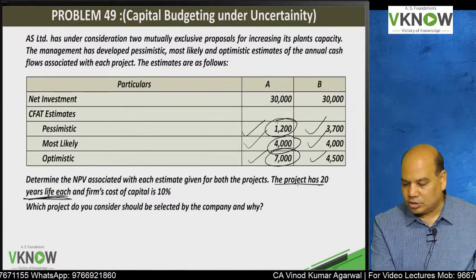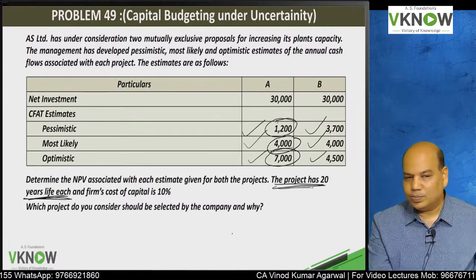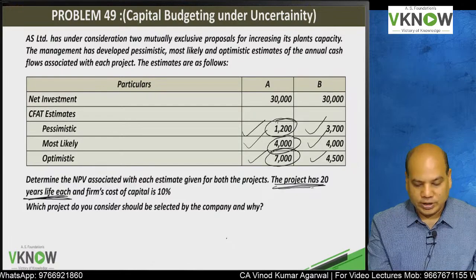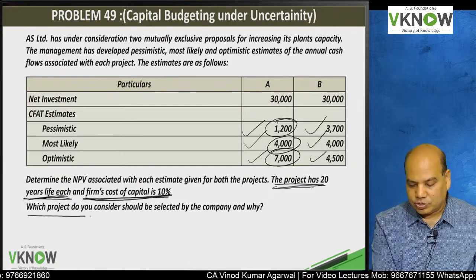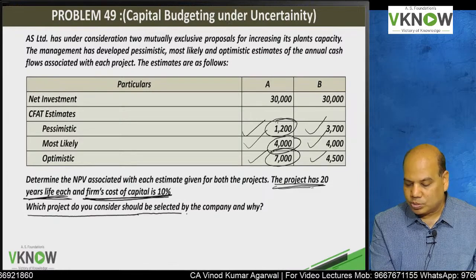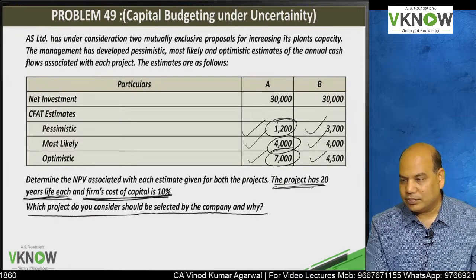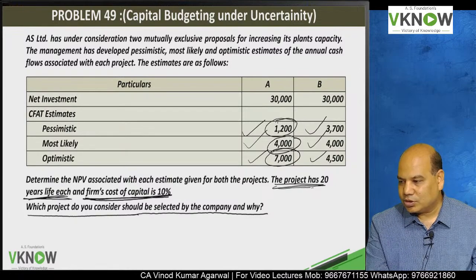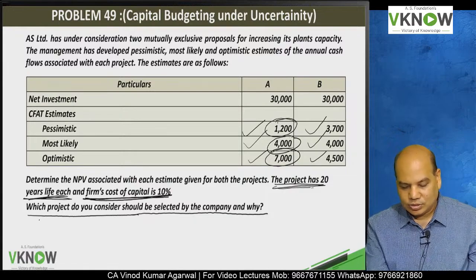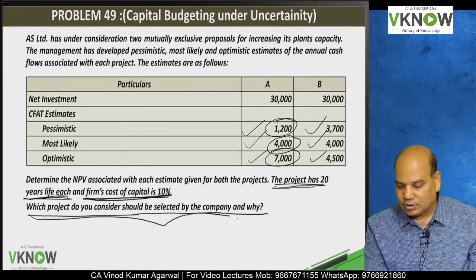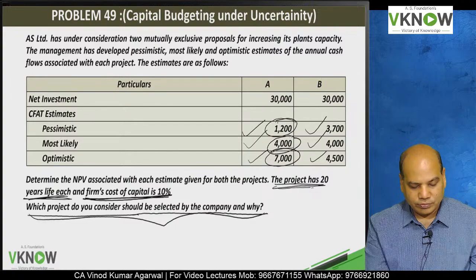So this PV factor you have to compute for 20 years and the cost of capital is 10%. Which project should be selected by the company and why? This time they have added one decision making question also.